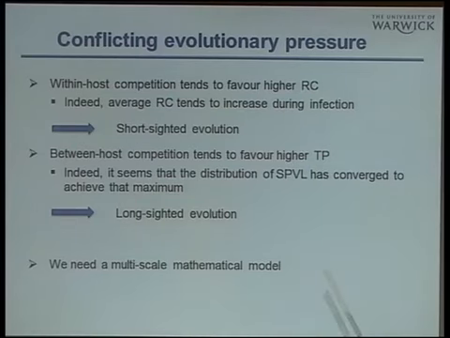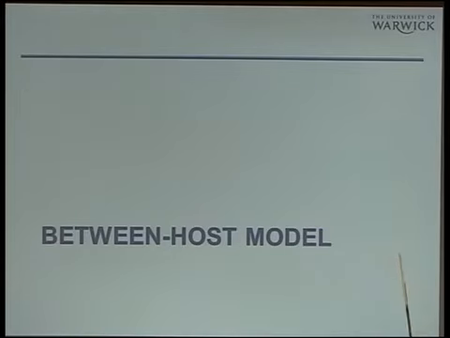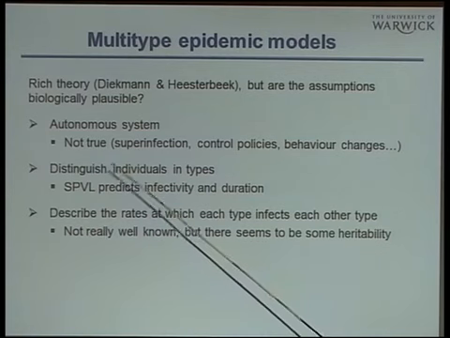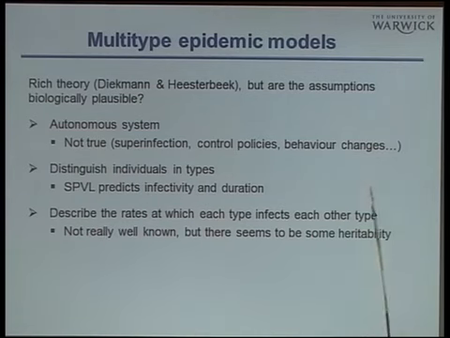So we just decided to give it a go and see what happens if you model both scales at the same time. For the between-host model, I simply wanted to use multi-type epidemic models because there's a rich theory developed by Diekmann and Heesterbeek, summarized in their book. But I had to go through the assumptions to see if they are really plausible. So the theory is based on the assumption that the system is autonomous.